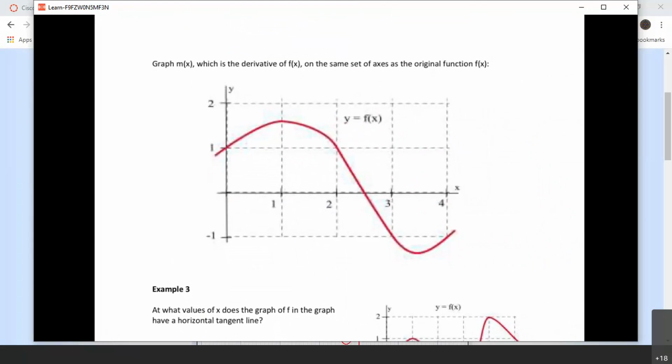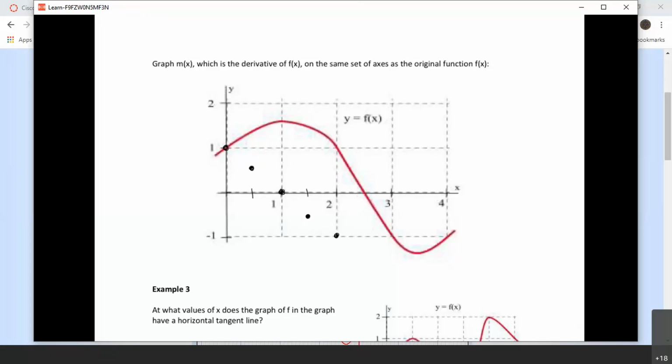I'm looking at that same table and I'm plotting the point 0, 1. Then 0.5 and 0.5, that's going to be here. The next point is 1, 0. The next point is 1.5 and negative 0.5. And the next point is 2, negative 1.